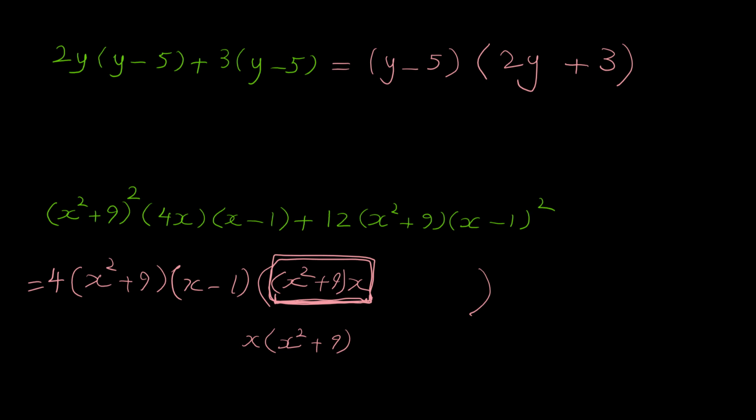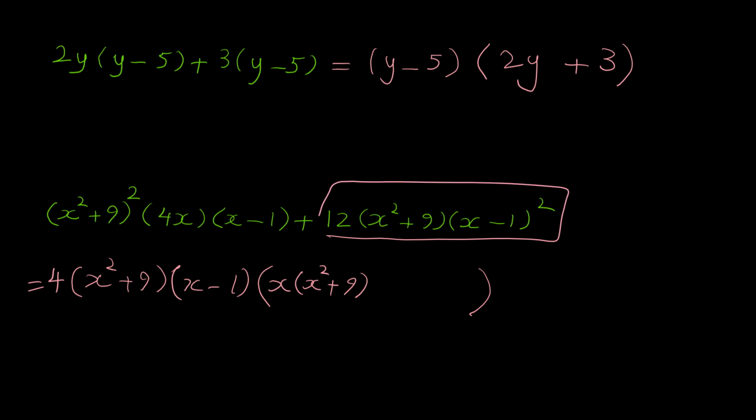So I'm going to erase this from here, and now I'm going to write it as x times x to the 2 plus 9. Now we have to divide this term by this common factor.